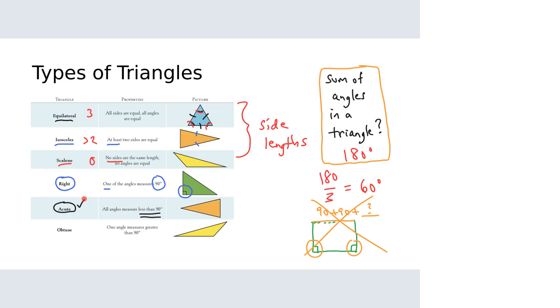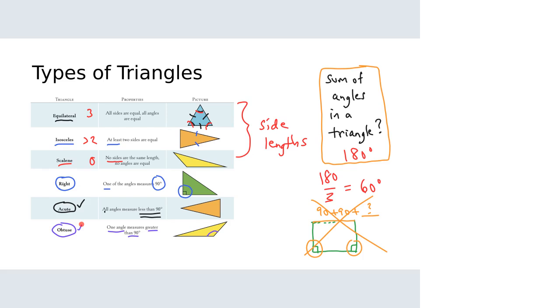Still talking about our angle measures here, we can have one that's 90, we can have all of them that are less than 90, and then the third case is we can have an obtuse triangle where one of them is greater than 90 degrees. Here, that's this one. It's bigger than 90 degrees. When we have one angle that's bigger than 90 degrees, we have an obtuse triangle.